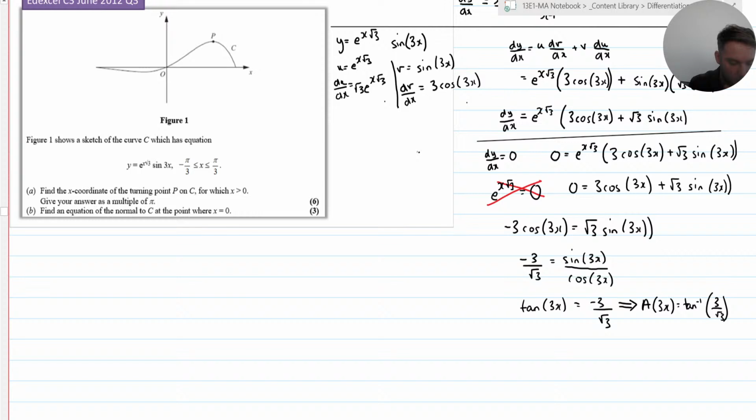Shift tan to the minus 1 of brackets 3 over root 3 in radians, which is going to give me my acute 3x is equal to 1.05. It is. I'm just going to take this up here now.